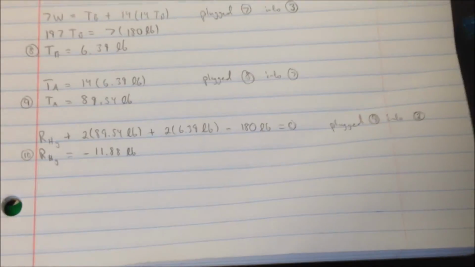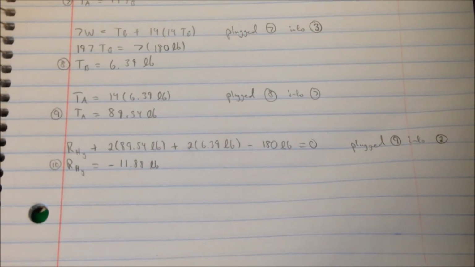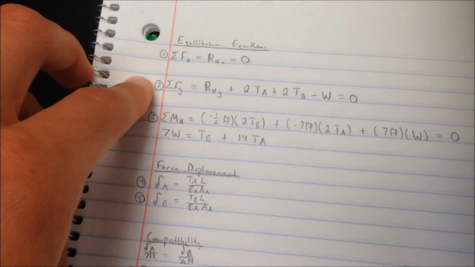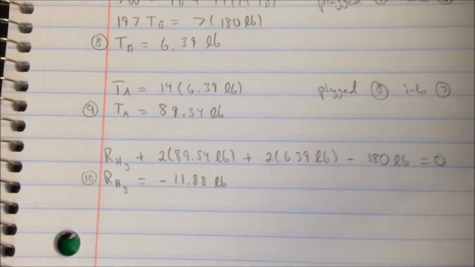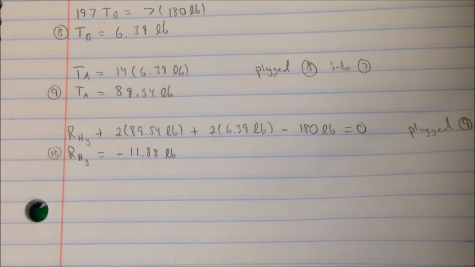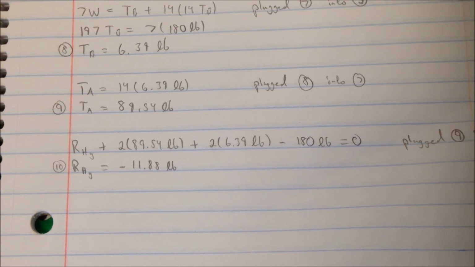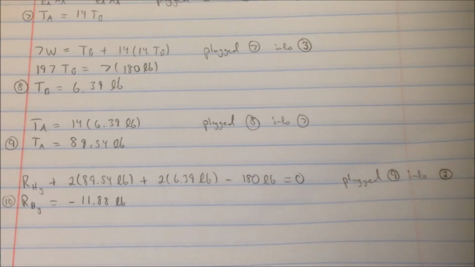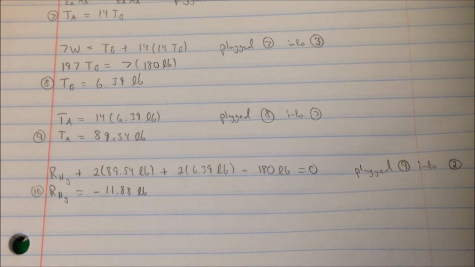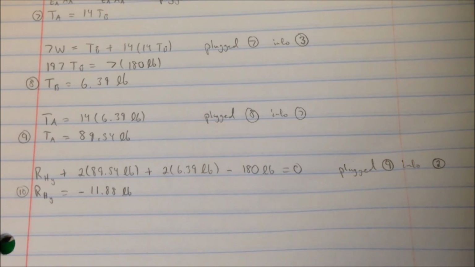We can then plug our values for the tension in B and A into equation 2, which is our force in the y direction equation, and we can get the value of the reaction of the hinge in the y direction, and that comes out to be negative 11.88 pounds. Thus we have all our reaction forces for the hinge as well as all of our tension forces.